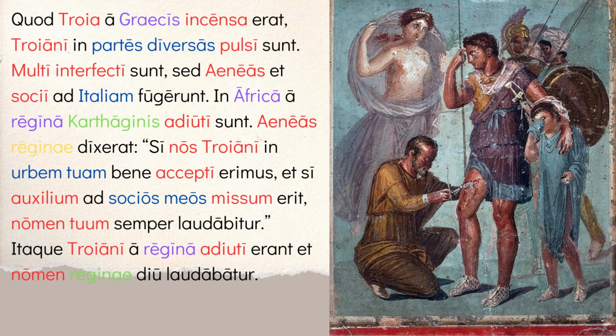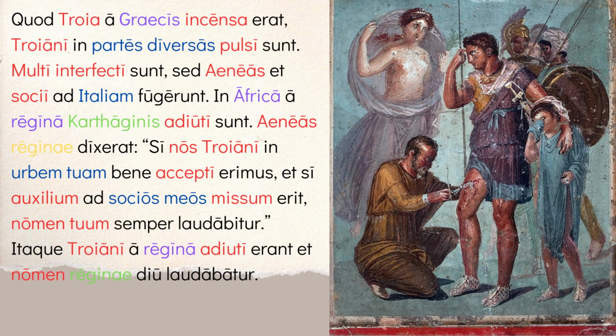So you translate this as if we Trojans will have been accepted or welcomed into your city, into urbem, and if we will have been welcomed well, right? Bene, right? Nicely, well. Okay, so if this will have happened, and if auxilium, right, help, missum erit, again, future perfect, passive. So, and if help will have been sent, you could say, to my allies, ad socios meos.